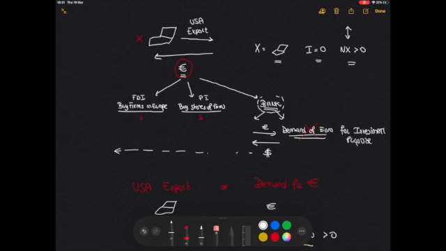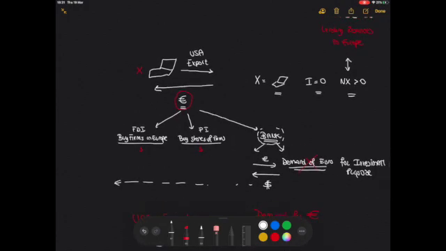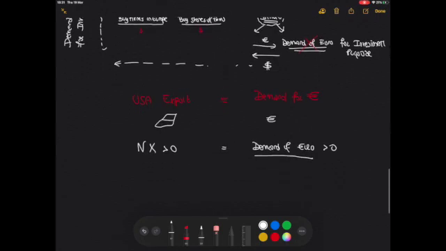See here, when Apple gives basically a PC in exchange of euro, at this stage there has to be a demand of euros for investment purposes.